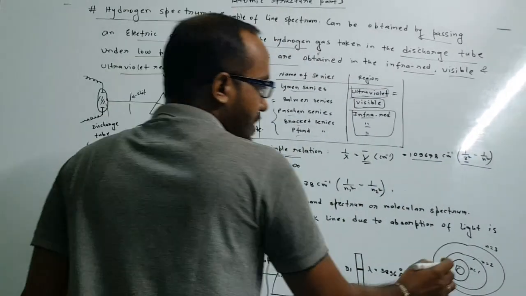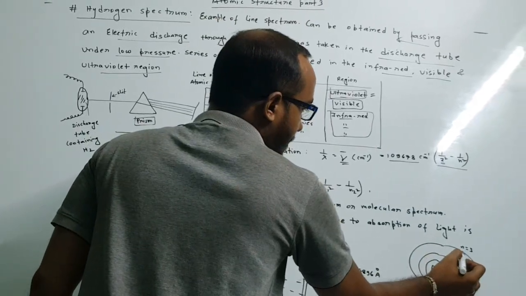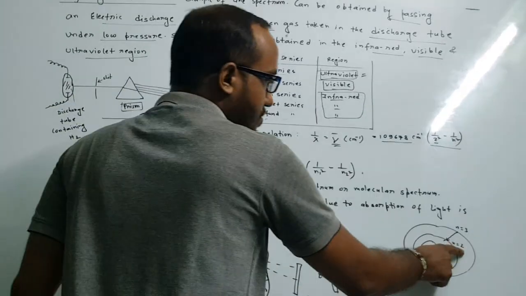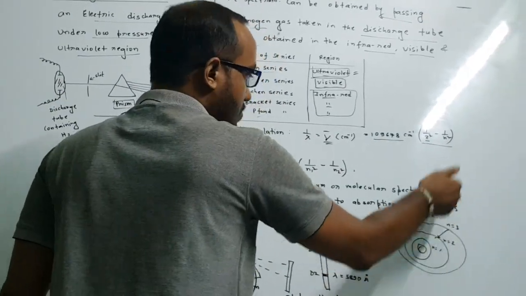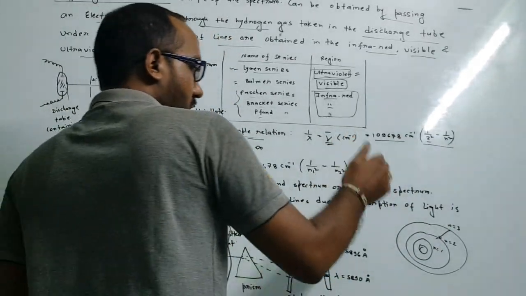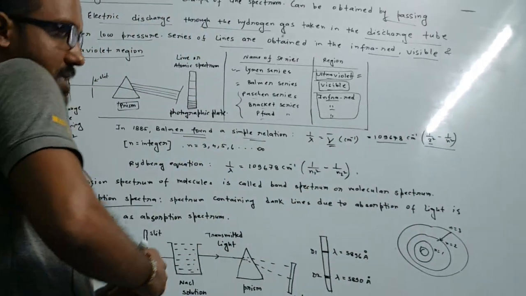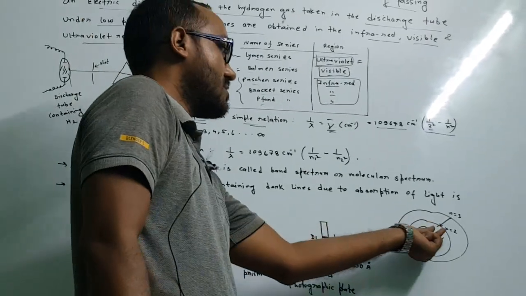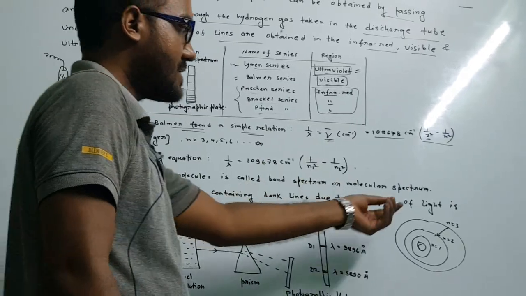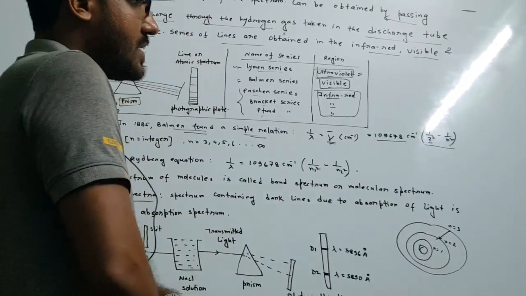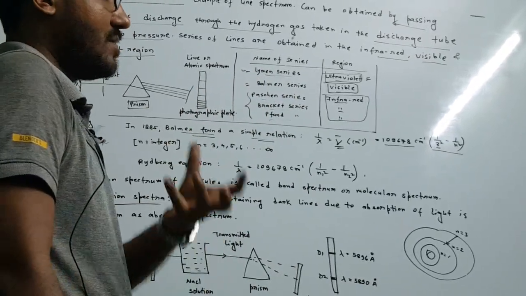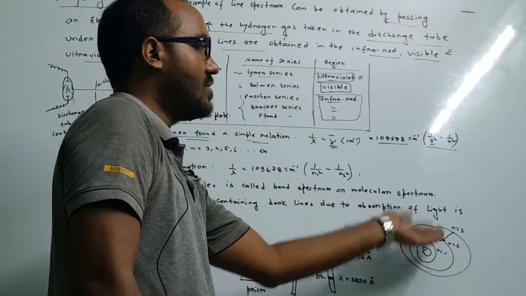That means the electron can be excited from n equals 2 to n equals 3, n equals 2 to n equals 4, n equals 2 to n equals 5. I have already discussed that if the electron jumps to a higher orbit, the higher energy state, it will absorb some frequency or wavelength of light, and it will jump.